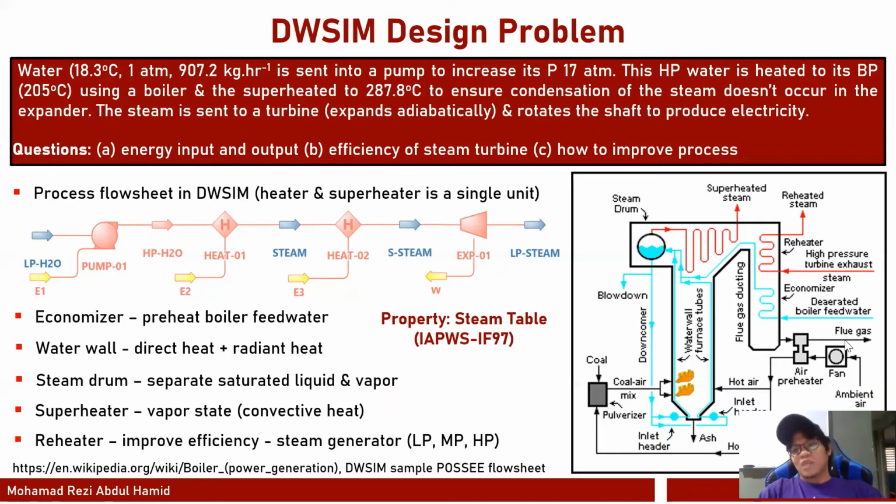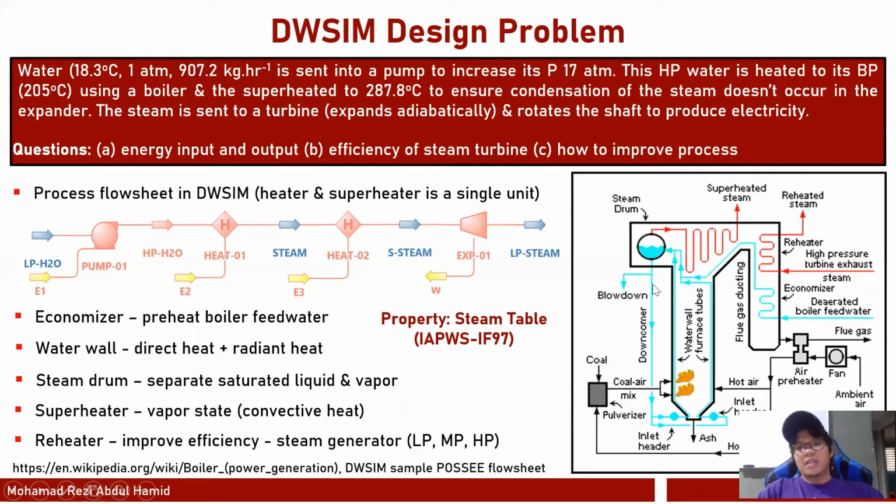So whatever leftover heat or hot air will be used to preheat the incoming boiler feed water. So we extract as much heat as possible from the hot air or from the fuel into the boiler feed water. That's number two, the economizer.